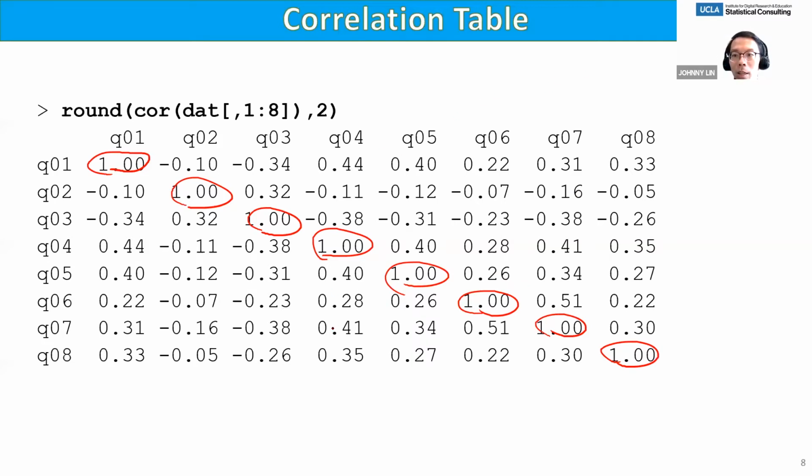Now, what about item 2 and item 1? We looked at item 1 and item 2, which is here. What about item 2 and item 1? Well, you notice it's the same correlation, right? So correlations are symmetric, meaning 1 and 2 is the same as 2 and 1. Is that true for everything? Yes. If you look at 3 and 1, it's the same as 1 and 3.